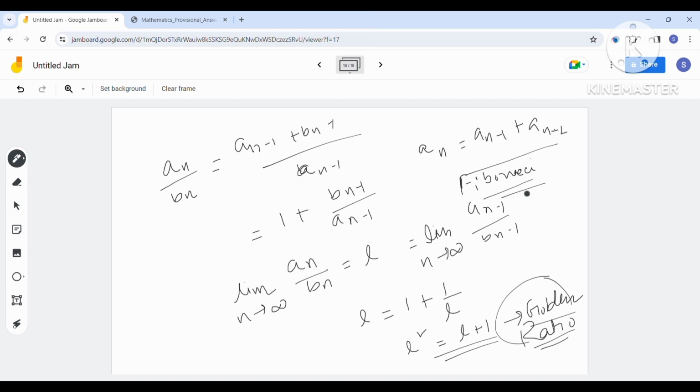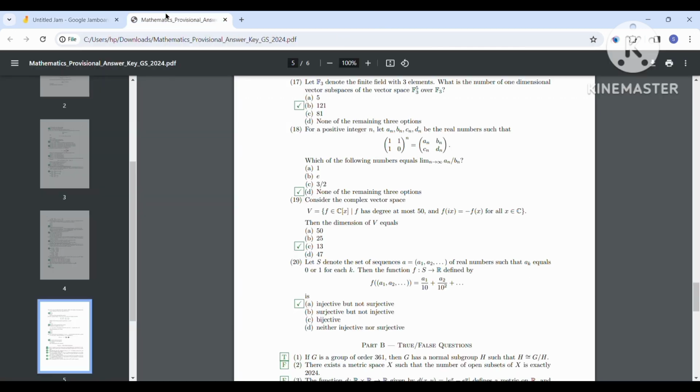So the limit exists, and the limit is basically equal to 1.6 something, which is called the golden ratio. So that's why the correct answer will be none of the remaining three options.